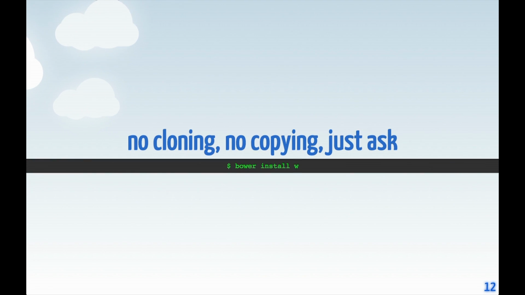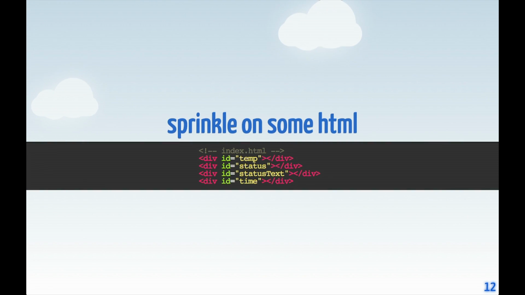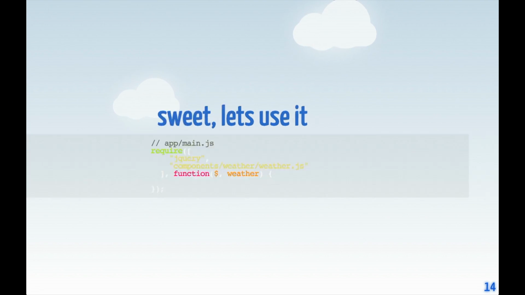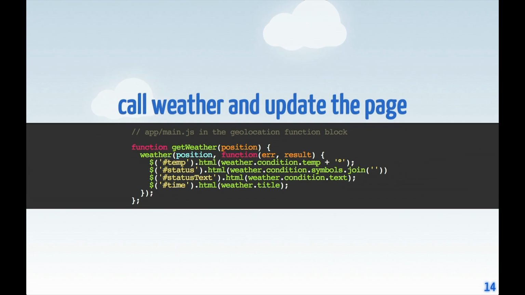So in our app, we would put in some HTML for our actual weather information, just the temperature and status, that kind of stuff. And then inside of that, we can use that weather component that we installed. So we'll just use the required to get that, and typical AMD stuff here, so nothing too crazy.